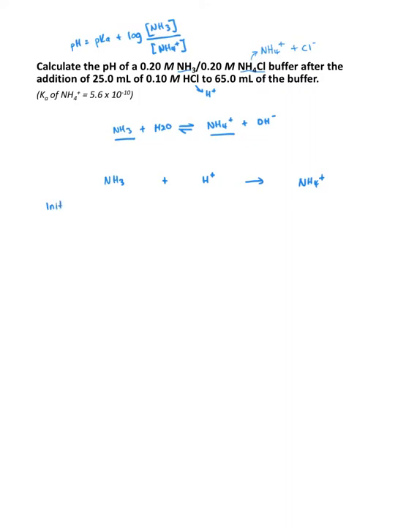So let's find out the initial number of moles of NH3 and NH4+ in the buffer solution before you add HCl. For NH3, the concentration is given as 0.2 molar. The volume of the buffer is 65 ml. So number of moles is concentration times volume, so that's 0.2 times 65 ml, and you will get 0.013 moles.